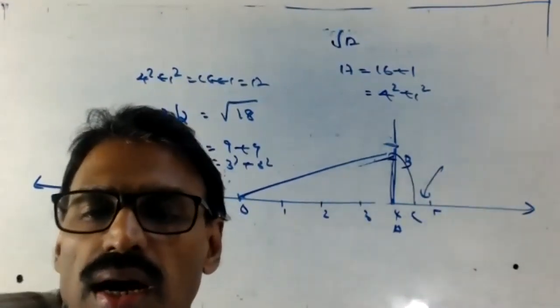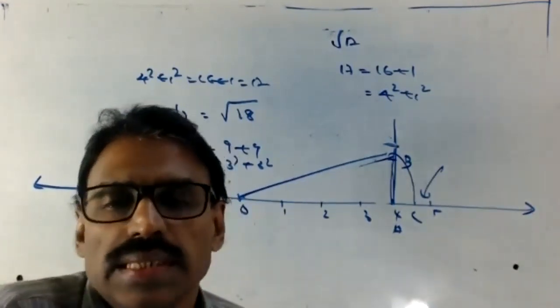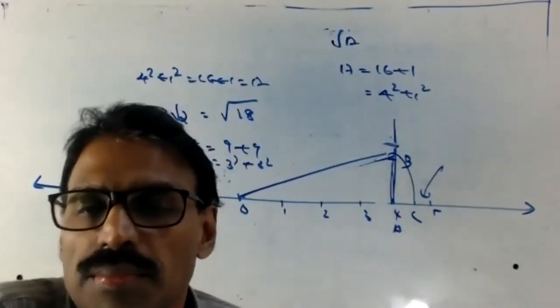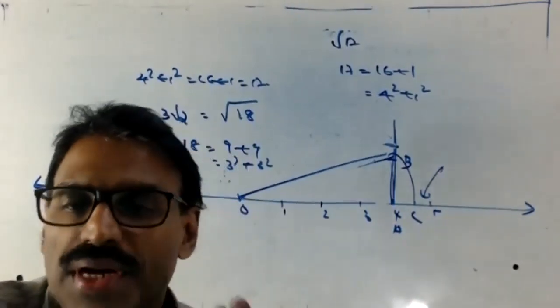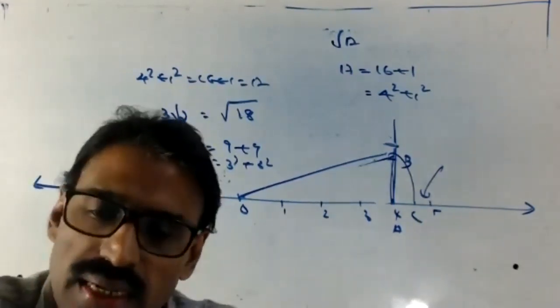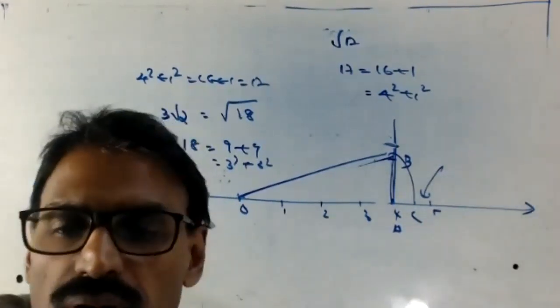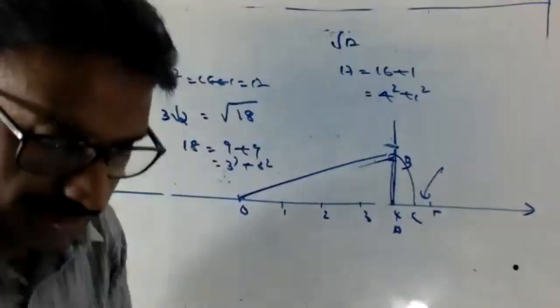Root of 11, root of 11 minus c, we can do it. That's another method coming. How will we draw root of 4.5? I'm just concluding this, after that I'll show you that.